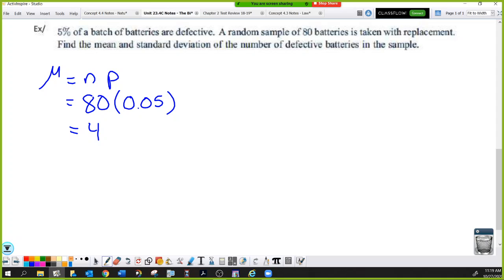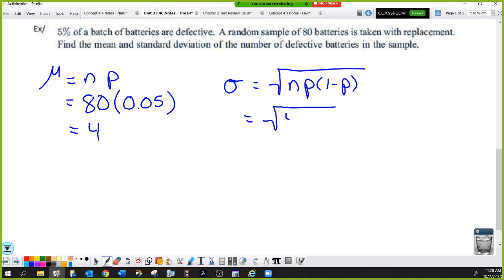Okay, so standard deviation. Standard deviation is the square root of np times 1 minus p. So what do we have? np we found is 4. And 1 minus p, that's going to be 1 minus 0.05, so that's 0.95.